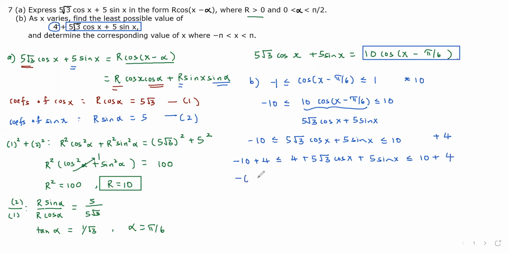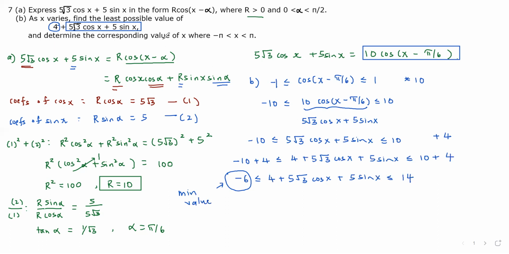That will give us -6 less than or equal to 4 plus 5 root 3 cos x plus 5 sin x less than or equal to 14. And therefore, -6 is the least possible value, or the minimum value, of this expression here.